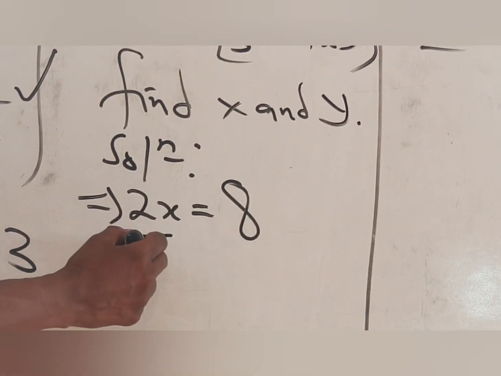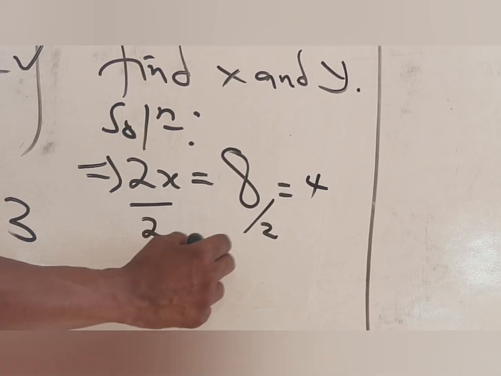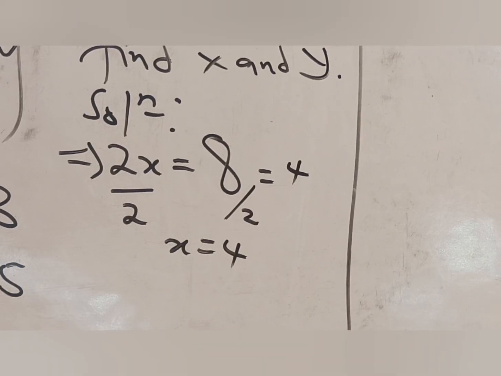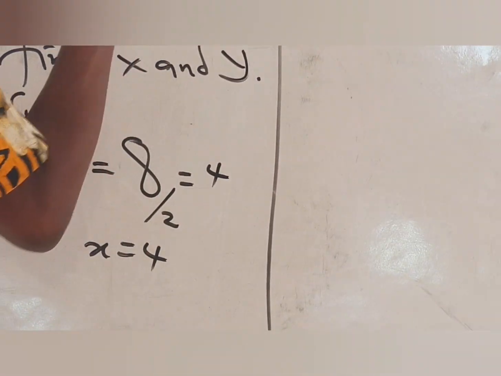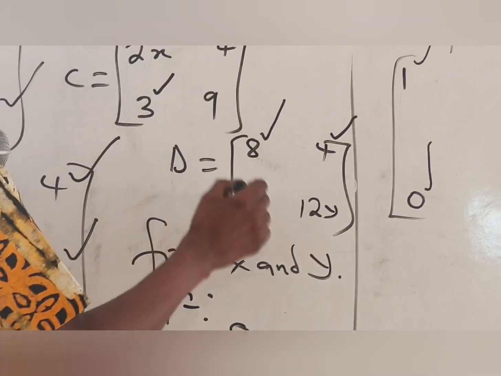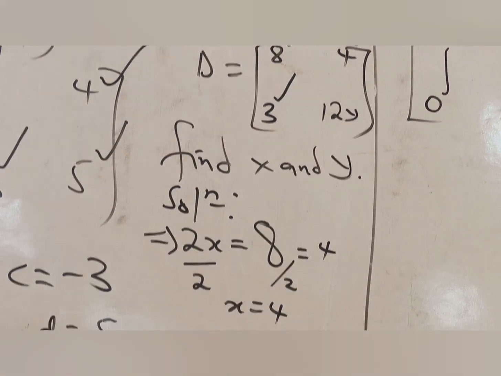So we divide by 2, and x is what? 4. x is 4. What of y? What do you compare with y? Now you can see the top right is the same as this. Bottom left is the same as bottom left. You cannot see? Sorry, let me write here. Let me do it bold.